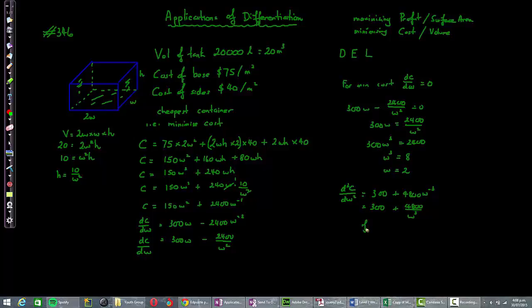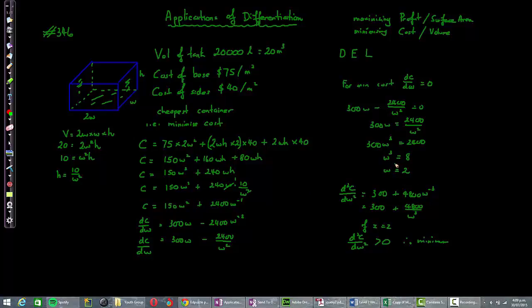Well, if W is equal to 2, the second derivative will definitely be greater than 0. Therefore, we have a minimum. Minimum what? Minimum cost when W equals 2.